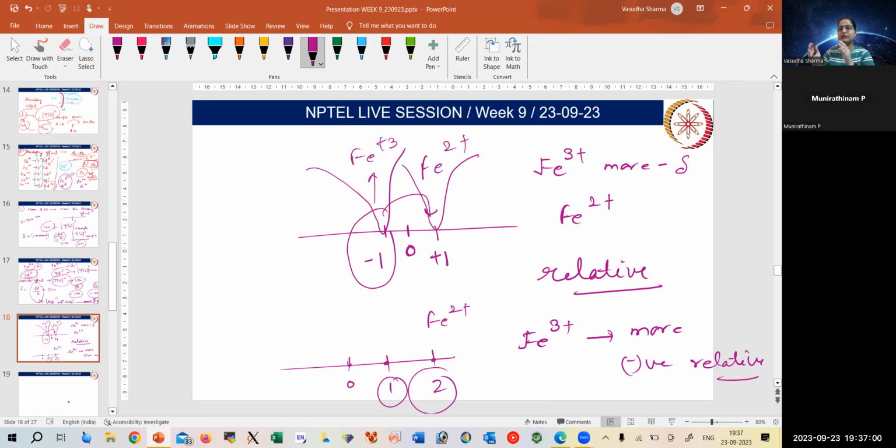So more negative, you can consider that it is less in value, right? So iron +3 would come at this +1 and this will come as +2. It does not depend upon the minus sign over here. We are talking about which is less compared to the other one. So iron 3 plus, be it on the positive side or on the negative side, it would always be on the left side of the iron 2 plus. Is that clear now?